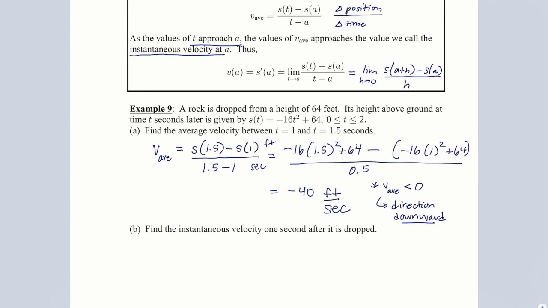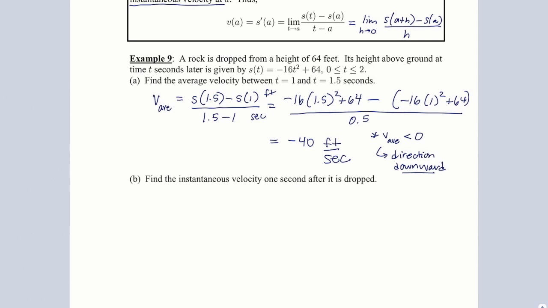If our axis is set up so that positive is up and negative is down, we might be moving horizontally, in which case you'd have to identify the positive direction of motion and the negative direction of motion. But a negative velocity just tells you that you're traveling in the direction that's set up as the negative direction. In this case, that would be downward. So the rock is falling at that point. It's dropped from a height, so it's falling the whole time. And between 1 and 1.5 seconds, the average velocity is negative 40 feet per second.